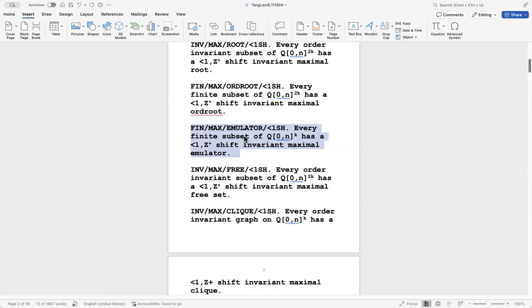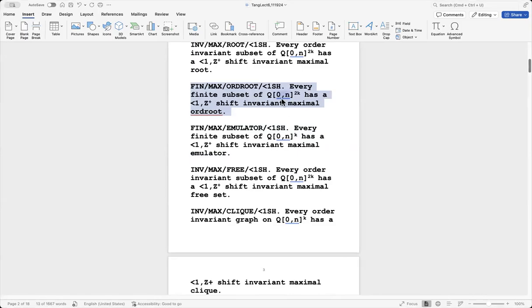All right. So every order invariant subset of 2K dimensions has an invariant maximal root. That's the statement that I pick for the general mathematical community. I think this is probably the best, the one that resonates the most. Then there's this one, which also resonates, but is in a more concrete direction.